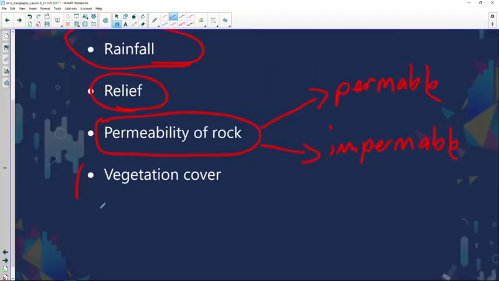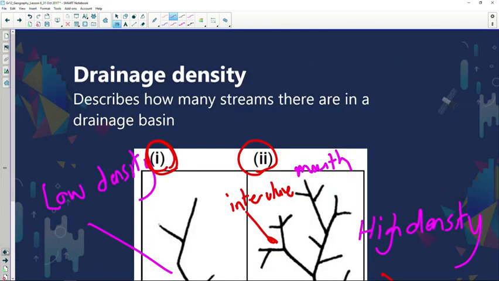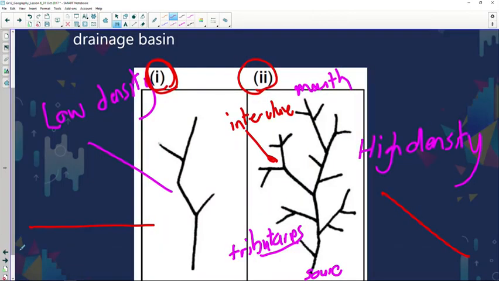And last but not least is the vegetation cover. Okay, vegetation cover, let's say it's an area with lots of vegetation, it's going to promote a low density drainage basin because the water is rather going to infiltrate. If there's less vegetation cover, as you can see over there, the vegetation, what does it do? It promotes infiltration.